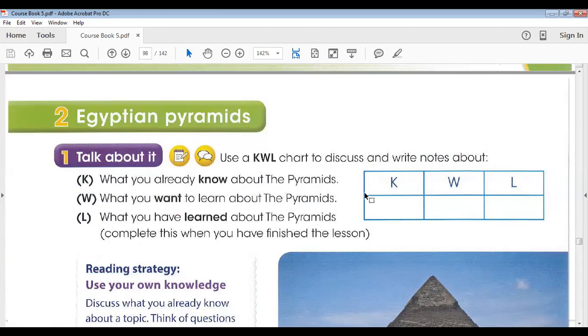So we have these three columns. I asked the students to first of all fill column K and write everything they already know about the pyramids. And I asked them to write some questions in column W, what they want to know about the pyramids.